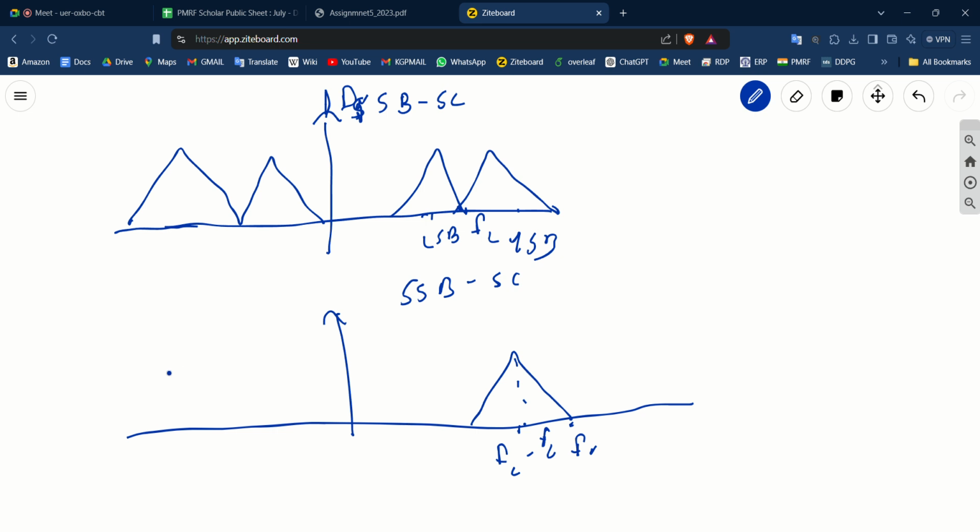The corresponding mirror image will be in the negative domain. So this is minus FC, this is FL, and this is FC. So FC minus FL, where FL is the lower sideband frequency.